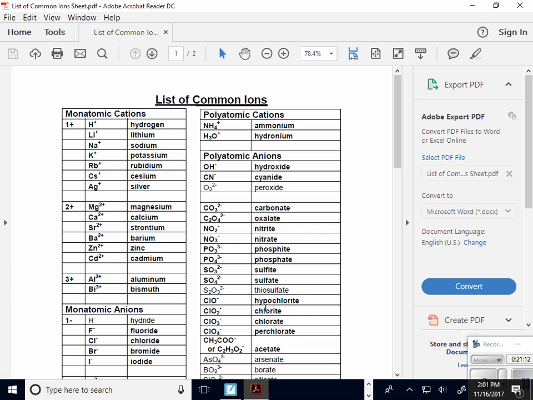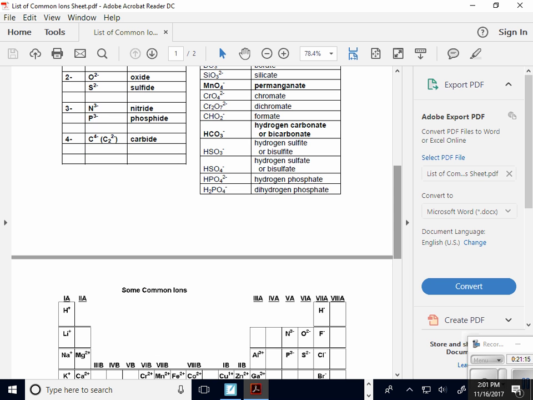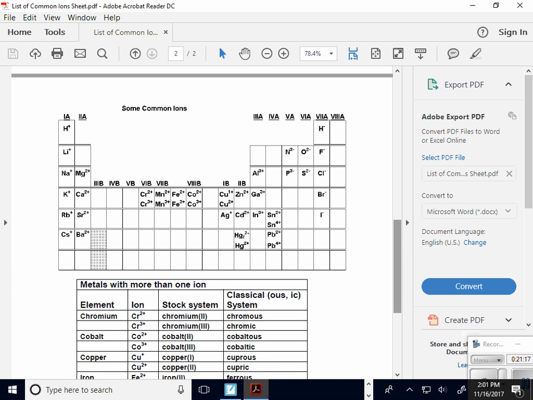Over here at the halogens, all of the halogens have a -1. If you look at the oxygen family, they're going to have -2s. So that table helps you associate some of the ions. I really, really like that table.